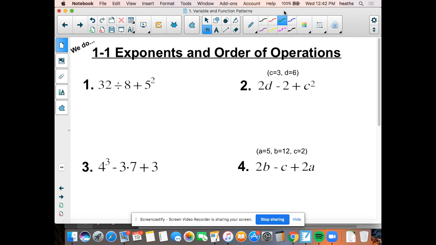There is no parenthesis, but there is an exponent, which is 5 to the second power. And I know that 5 times 5 is 25. I'm going to drop the rest of my problem down.